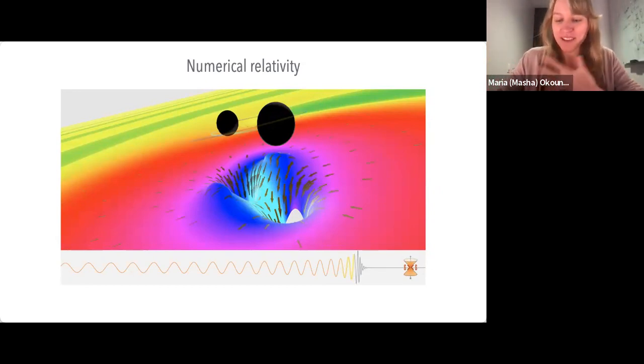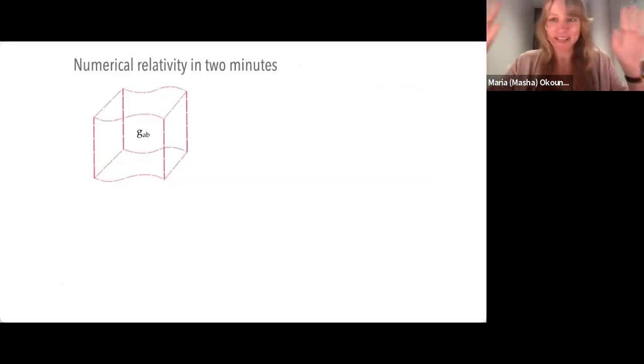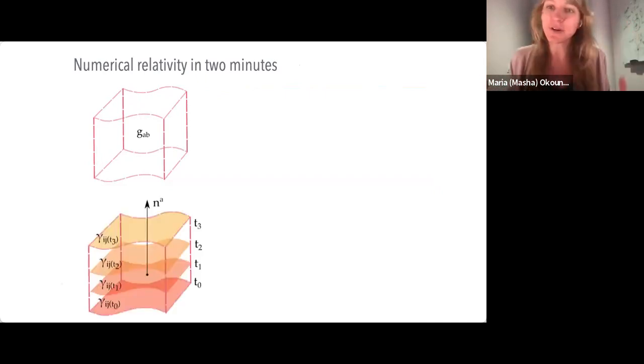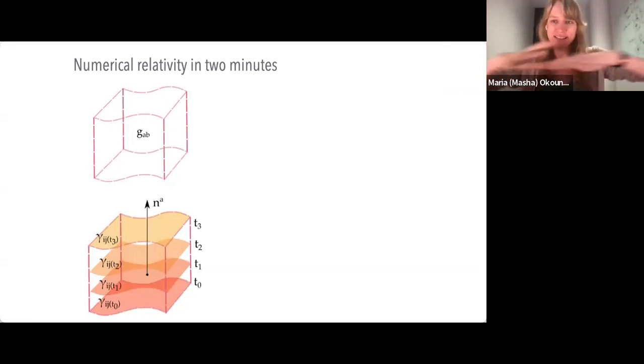So in numerical relativity, our goal is to produce beyond GR waveforms, so numerical binary black hole waveforms in theories beyond general relativity. So, numerical relativity in 2 minutes. Manuela already alluded to this. In GR, you're used to thinking of the space-time metric as a 4-dimensional quantity. What we do in numerical relativity is that we slice up space-time into a set of spatial slices with a time-like vector moving us between the slices.